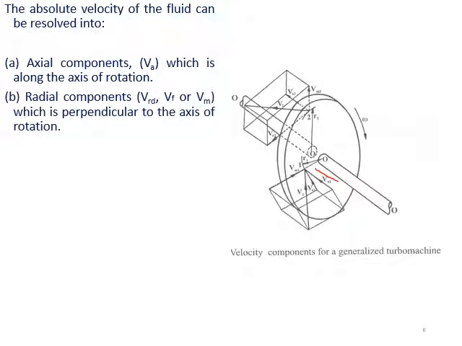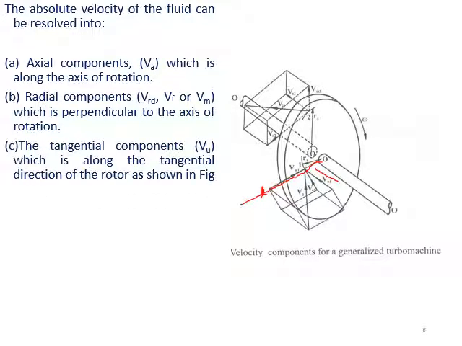The second component, that is the radial component, is denoted by VR, VF or VM, which is perpendicular to the axis of the rotation. So this is the axis of the rotation here, and perpendicular to that is called the radial component.